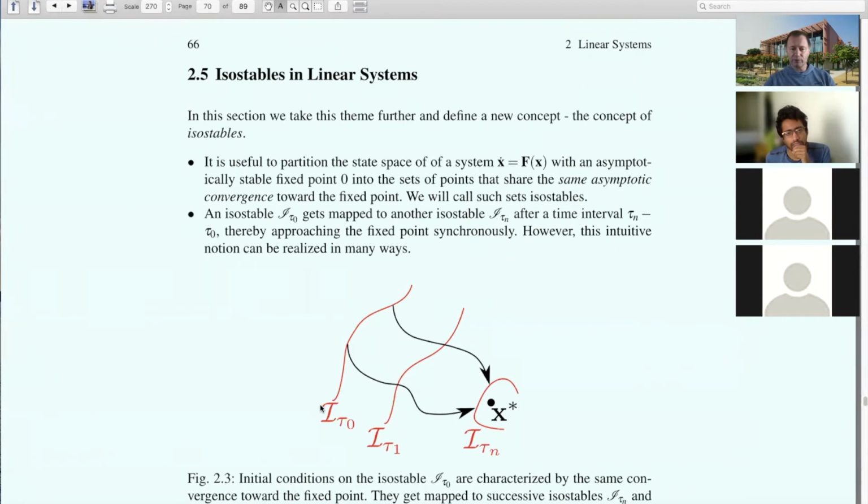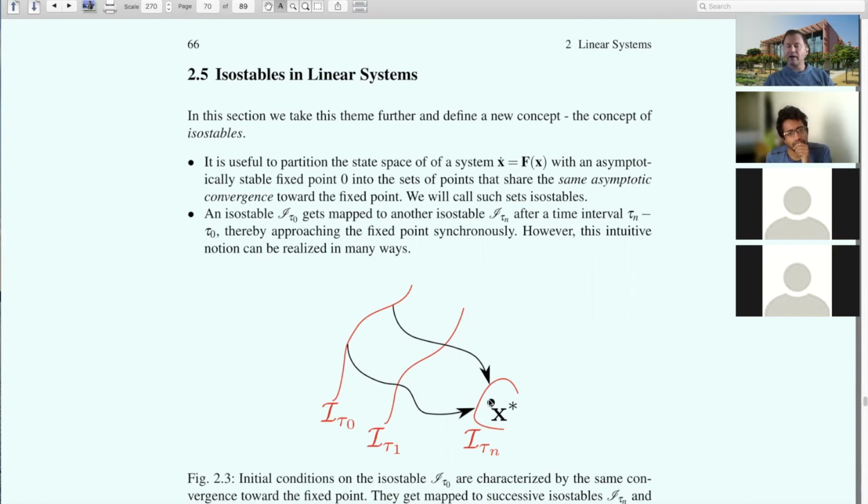So in principle, you could set up one of these curves here in an arbitrary manner, and then you could put initial conditions here, and then your next curve would be, after some time, defined by just evolving the flow forward. But in that case, you might have some strange approach to the equilibrium as you go on.